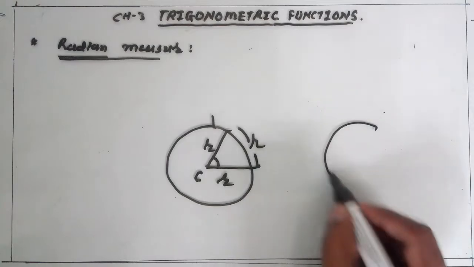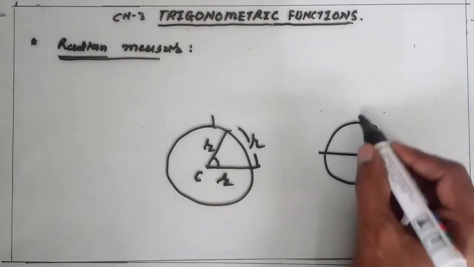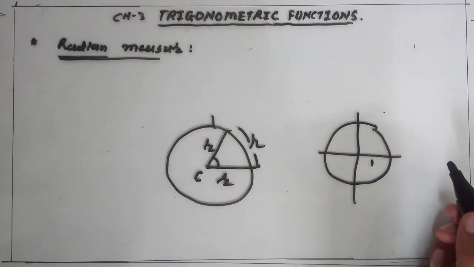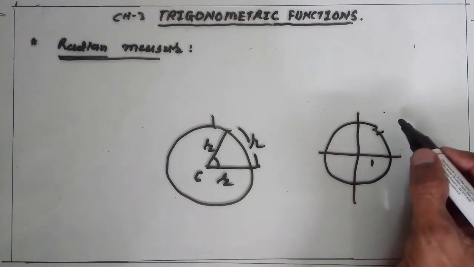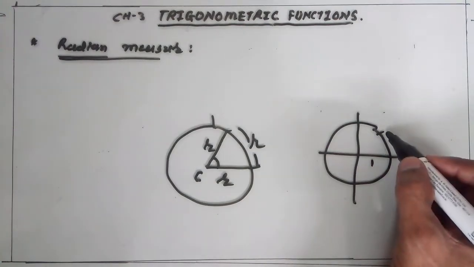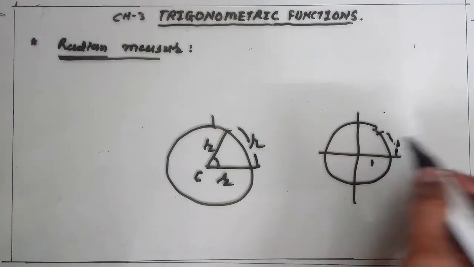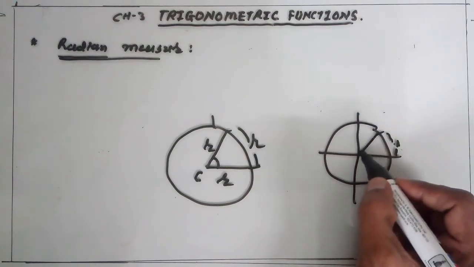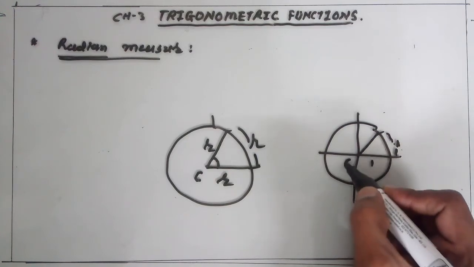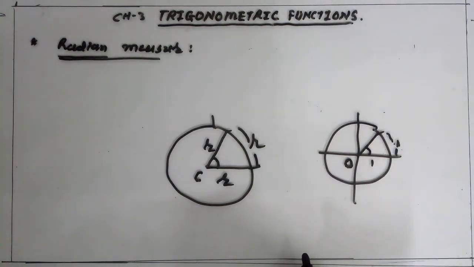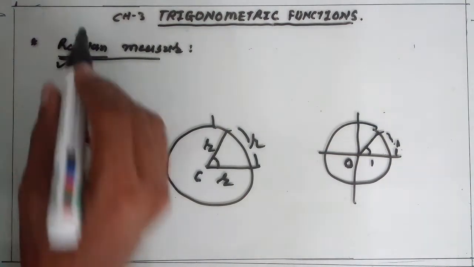In a unit circle, the length of the radius is 1, and if we take an arc of length 1 unit, then the measure of the angle formed by this arc at the center of the circle is called 1 radian. Clear? So remember this radian measure.